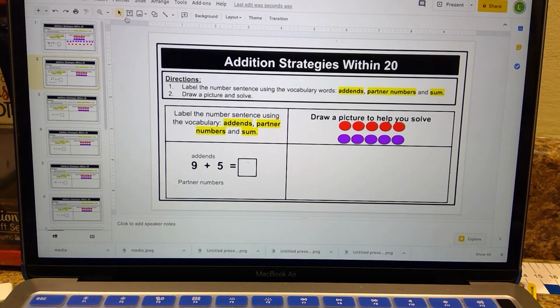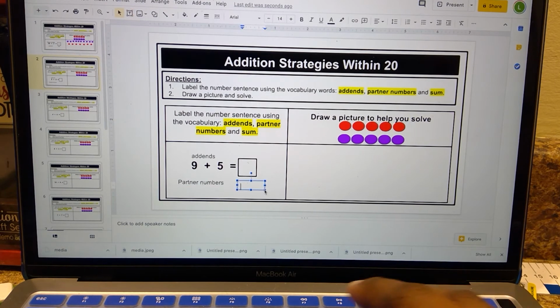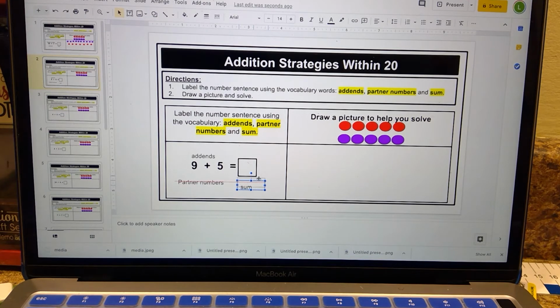And then I'm adding another text box, and write sum. Okay, and that was it.